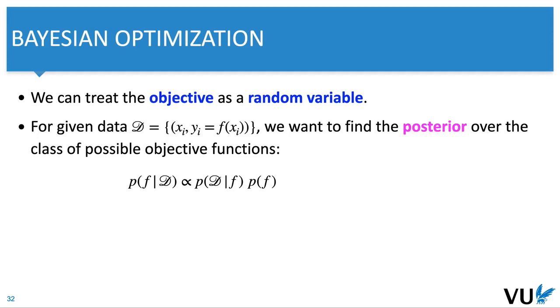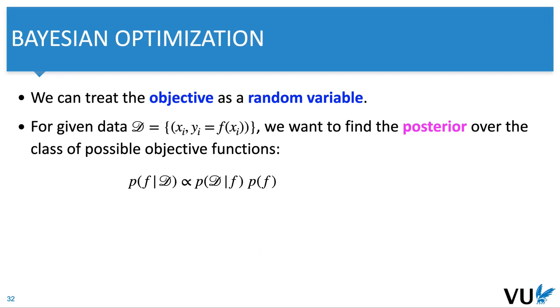We have some x's, it could be some decision or whatever sequence, and we have outcomes given by our objective. So these values are real. We don't know what f is. And we are interested in finding the posterior over the class of possible objective functions.